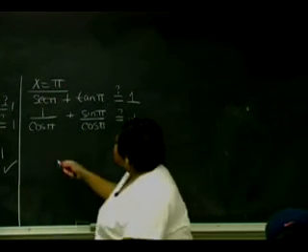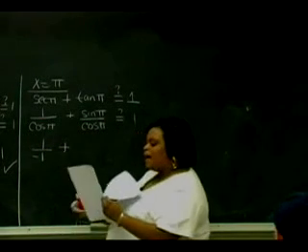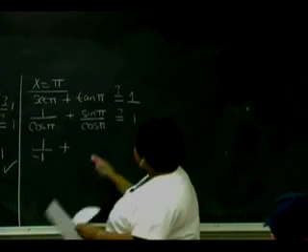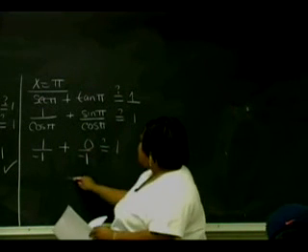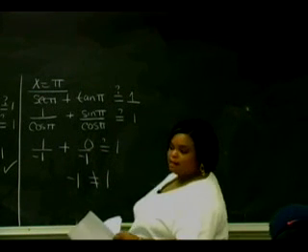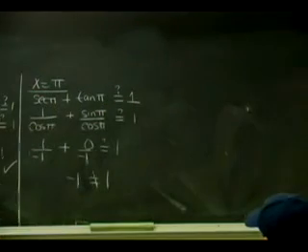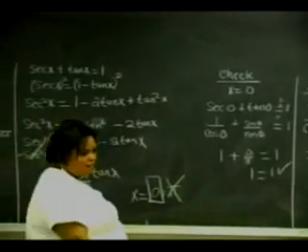Negative 1. So 1 over negative 1. Sine pi is 0. Is this 1? Well, I have negative 1, and that is not 1, right? Negative 1 is not 1. So that means pi is not a solution, but 0 is.